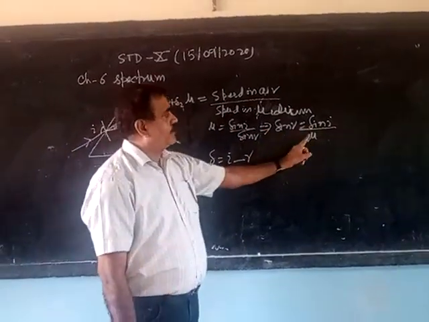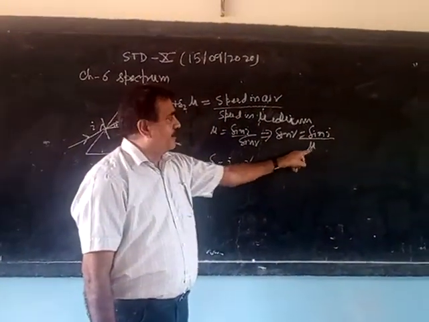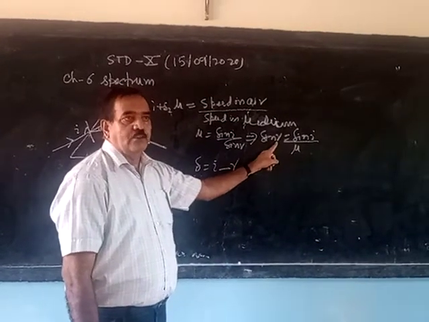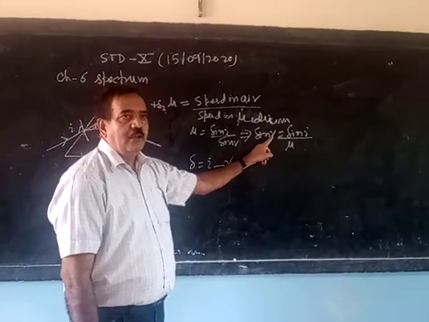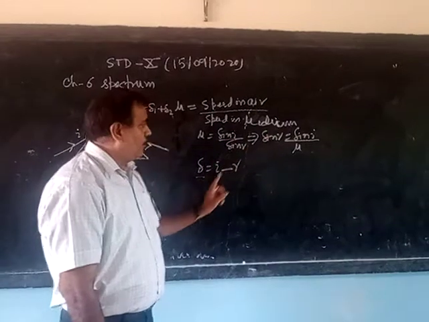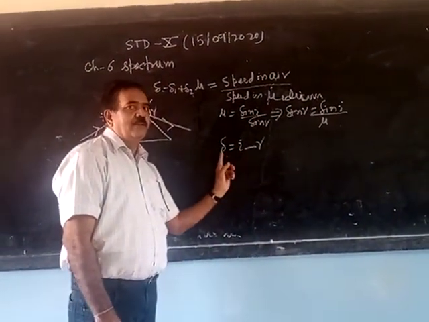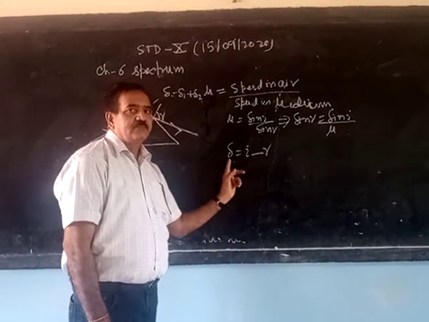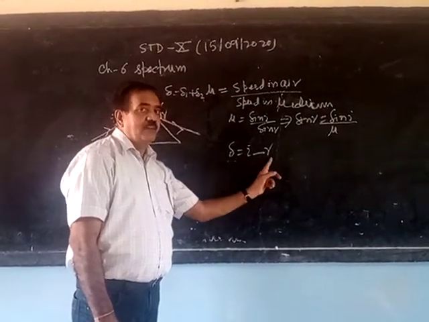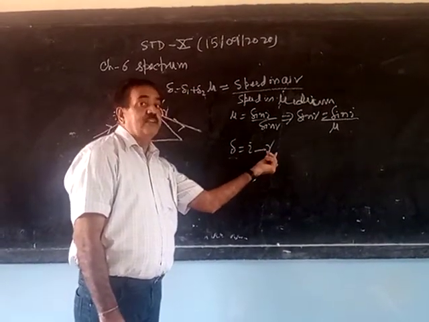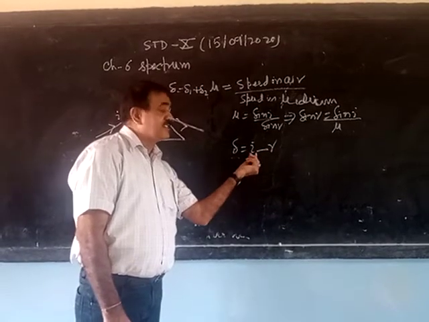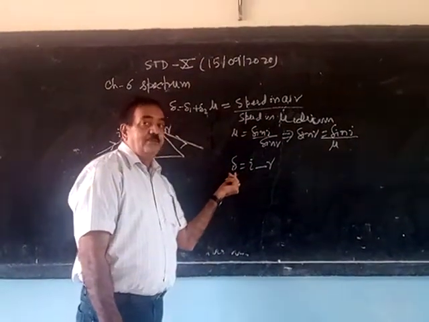Now, when the refractive index is less, refraction will be more, because sin r stands for refraction. Now, when refraction is more, what do you mean? Deviation will be less, because delta is equal to i minus r, and this r value is more.